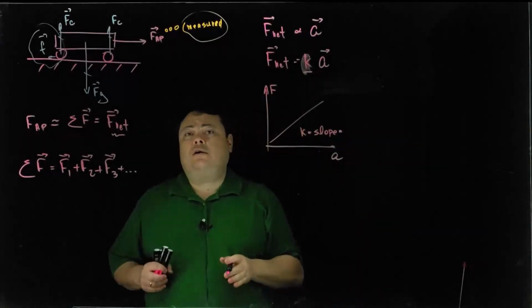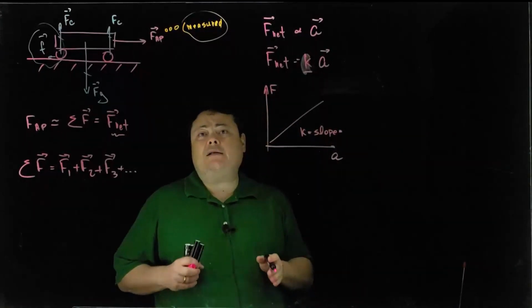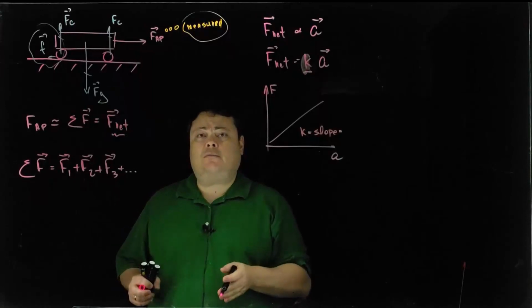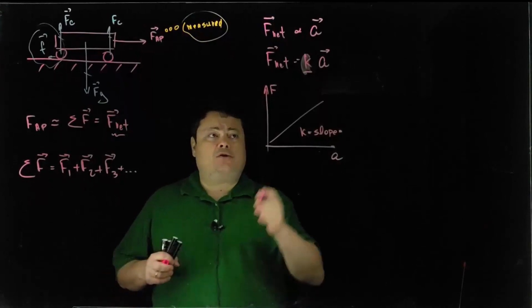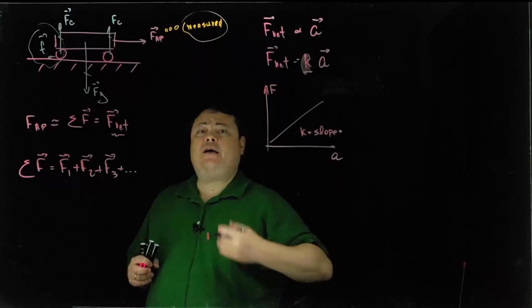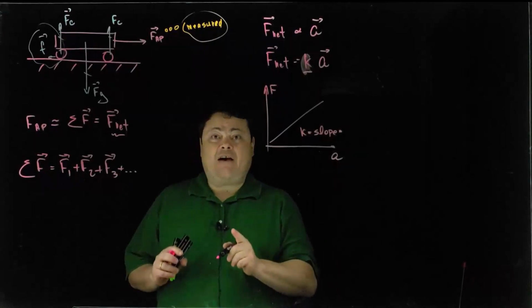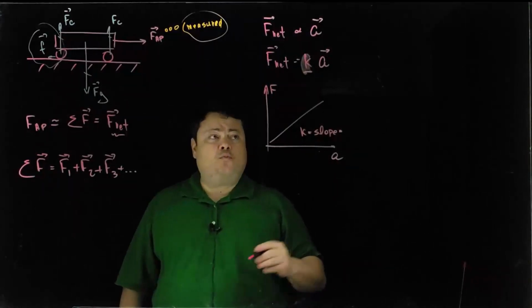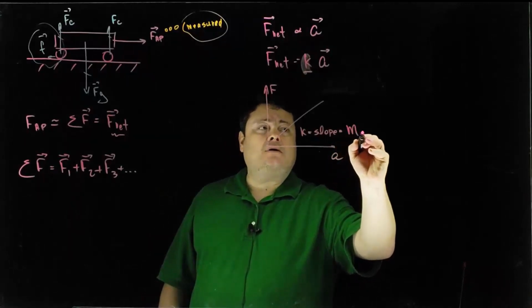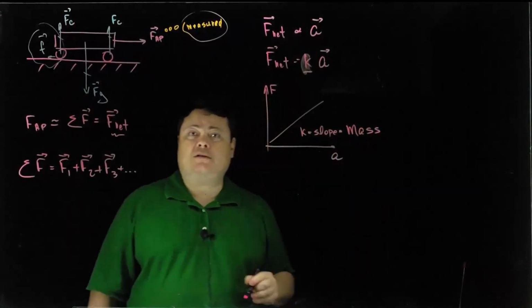And what we saw is that every time we add half a kilogram of mass to the system, the slope of the system increased by half a kilogram.